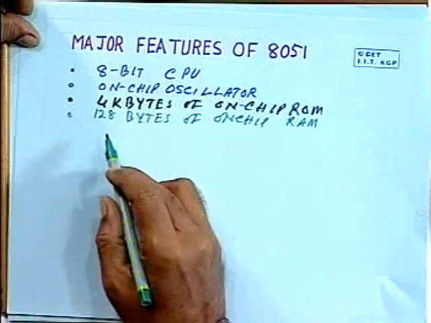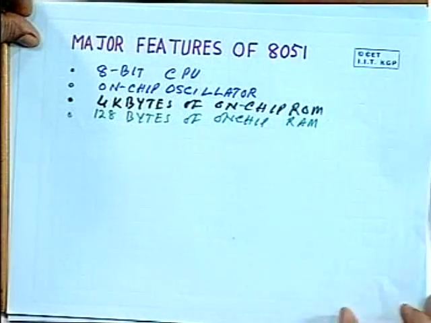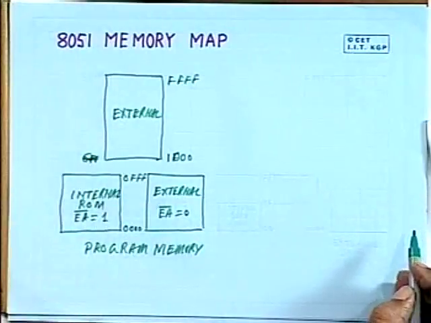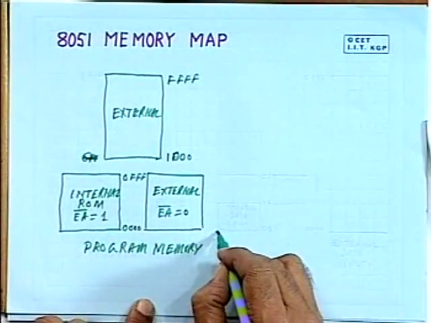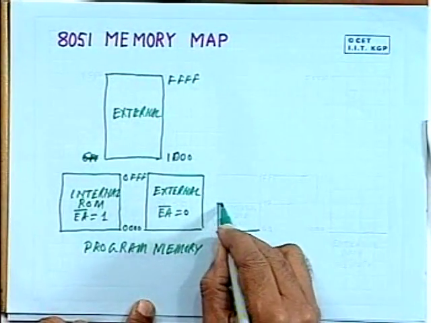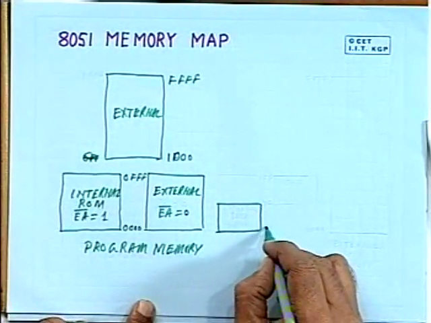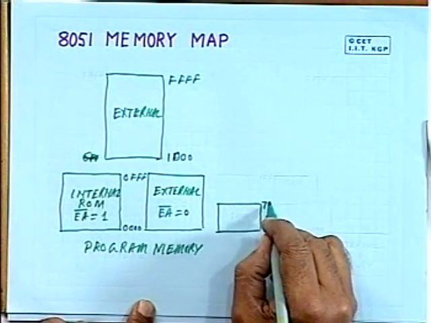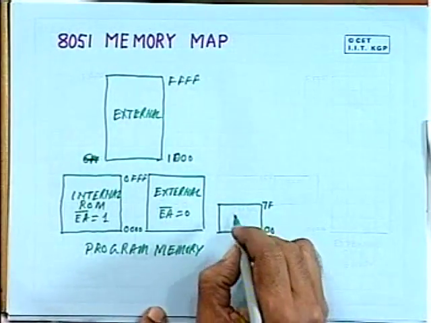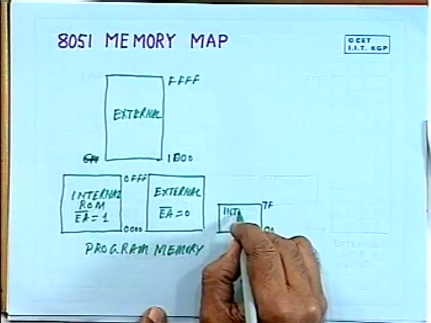Similarly, so far as the RAM is concerned, we have seen there is 128 bytes of on-chip RAM. Let's see how this on-chip RAM is provided. This on-chip RAM has got two parts, we can say, starting from 00 to 7F. This is your internal data RAM.